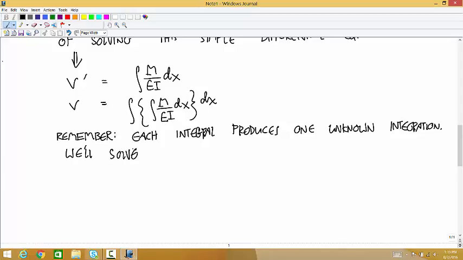We'll solve for those using boundary conditions.